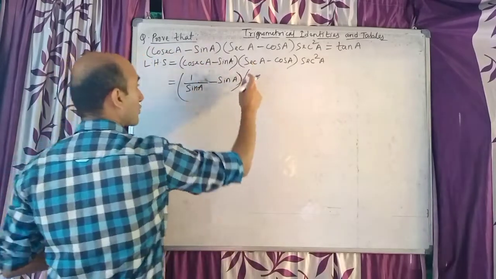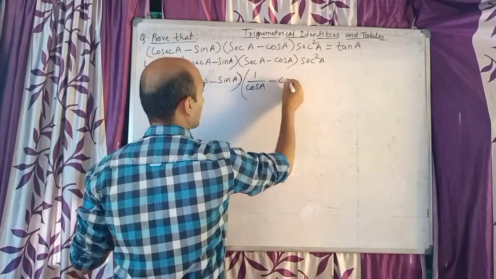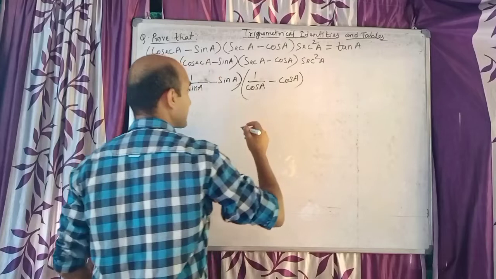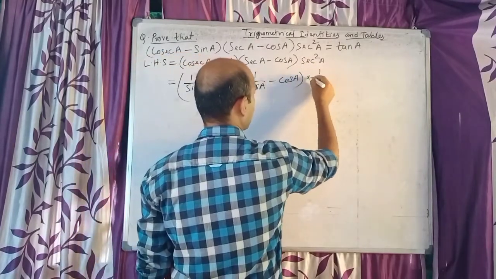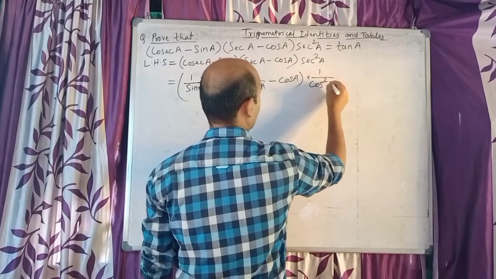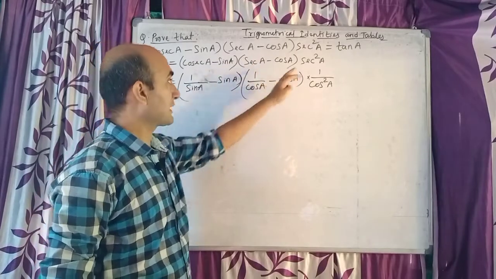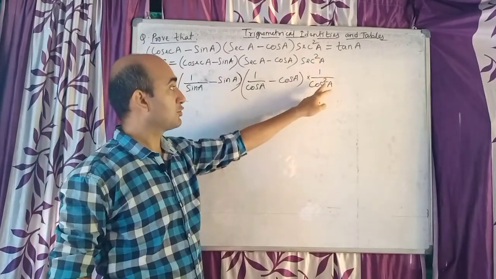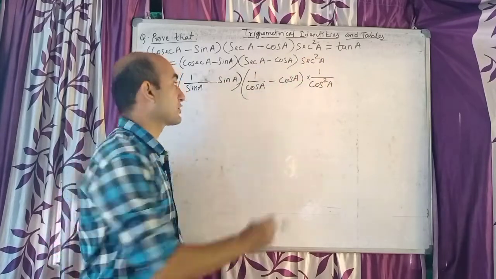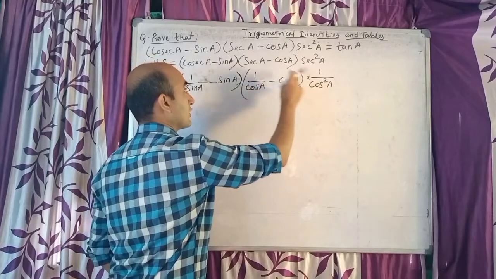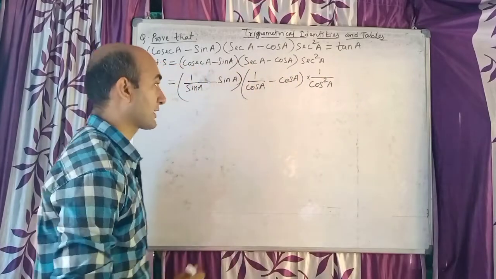Okay, so sec A I will write as 1 by cos A, and cos A I will not convert, I will write it same. Same thing, sec square A I will convert as 1 by cos square A. Now sec A is 1 by cos A, but if there is a square here, then you should use a square here also. So sec square A is 1 by cos square A. So try to understand the meaning of this. There was a square, here also I have a square.